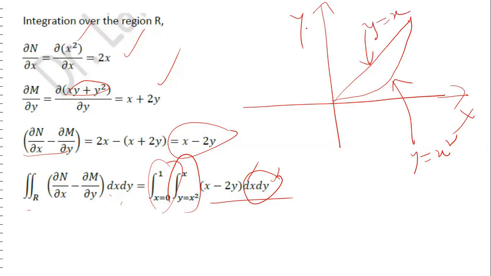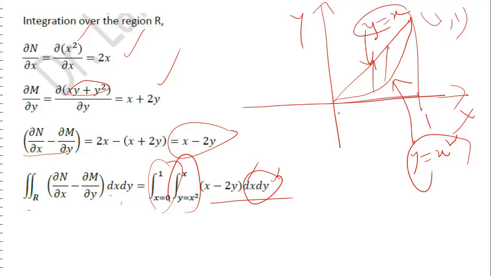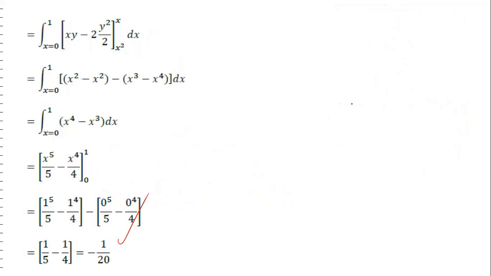So you take the limit of y from y equal to x squared to y equal to x, and you travel x from 0 to 1. That way you can perform integration over this region. If you do that, you will get the same thing, and that verifies your Green's theorem.